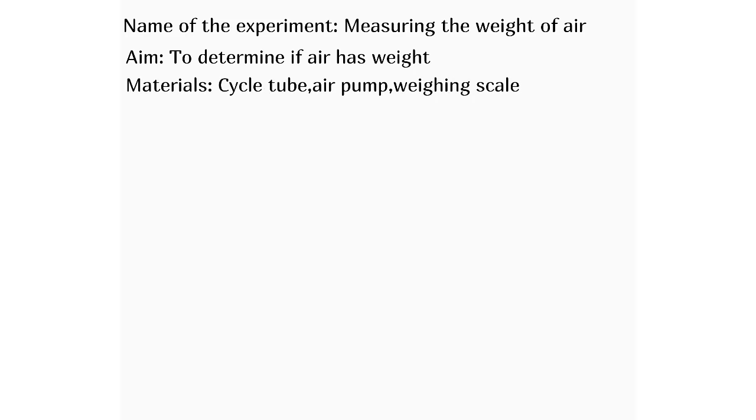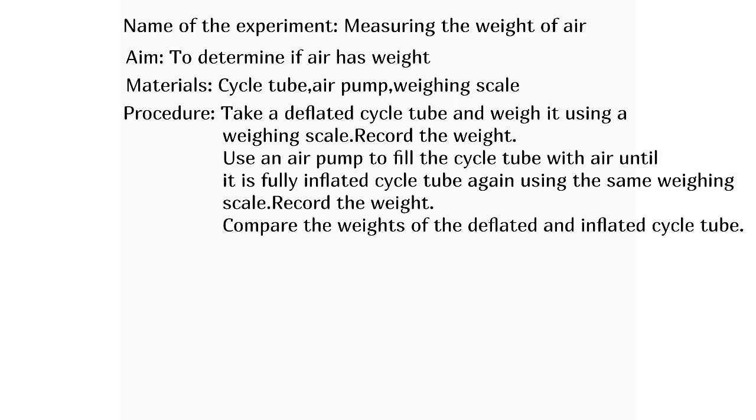Name of the experiment: measuring the weight of air. Aim: to determine if air has weight. Materials: cycle tube, air pump, weighing scale. Procedure: Take a deflated cycle tube and weigh it using a weighing scale.